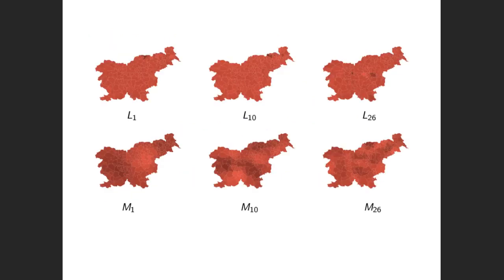And to motivate this idea, they also used the Slovenia data set, and they compared L1, L10, and L26 to the counterparts from the Moran operator basis. And you can see here these L bases don't really look particularly spatial.